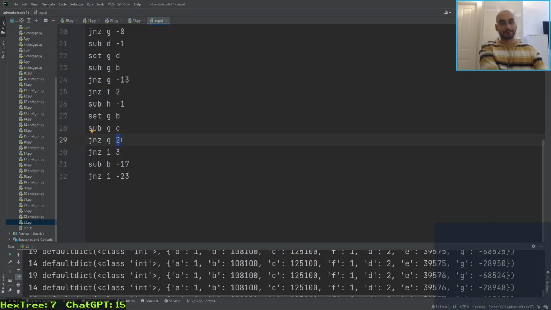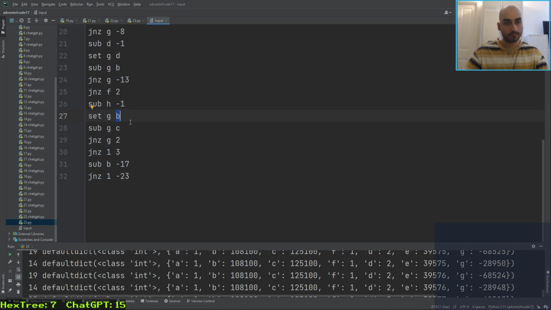Alright, so for the program to finish, that means g is 0. Okay, g equals 0. That means here, g equals c before this. Set g to be b.